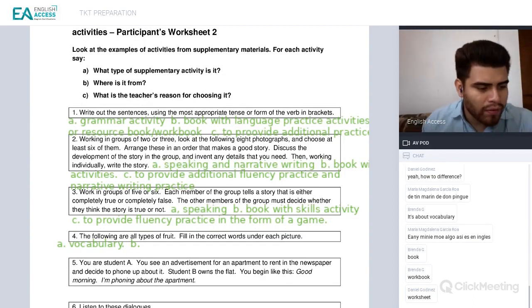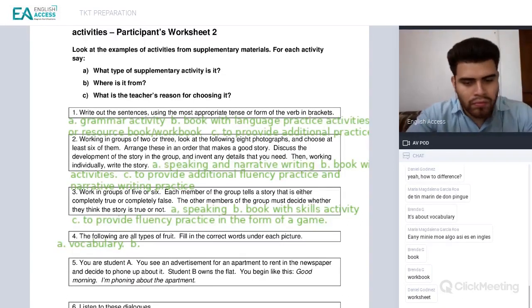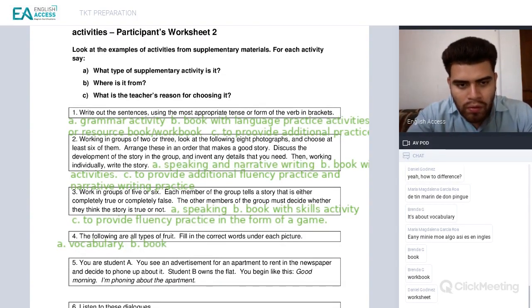Okay. Vocabulary book, vocabulary worksheet, vocabulary workbook. Yes.